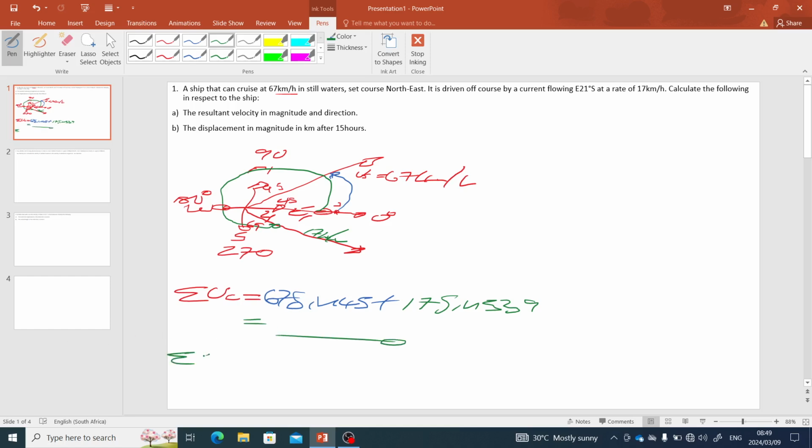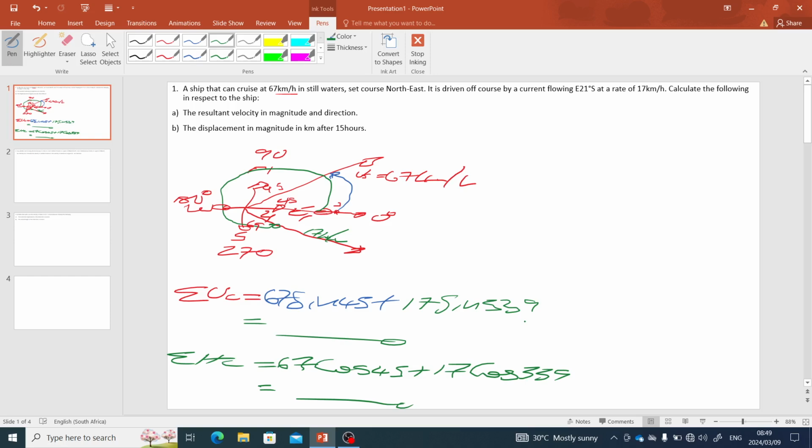Then when coming to the horizontal component, where we have sine, we'll put cos, but we'll write the magnitudes as they are. We have 67 cos 45 plus 17 cos 339. Okay.